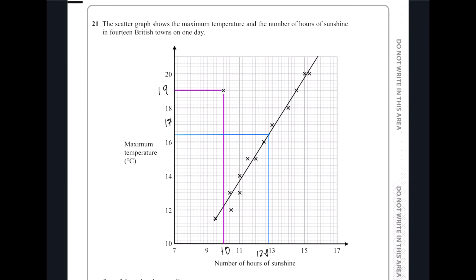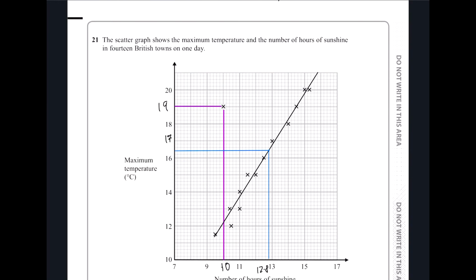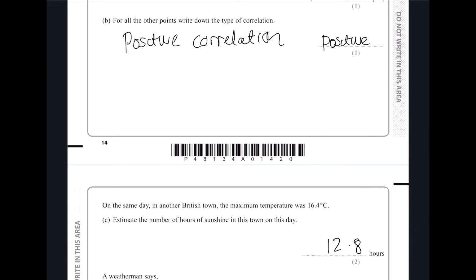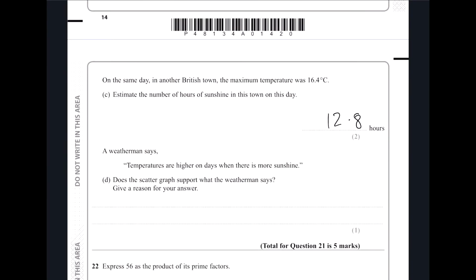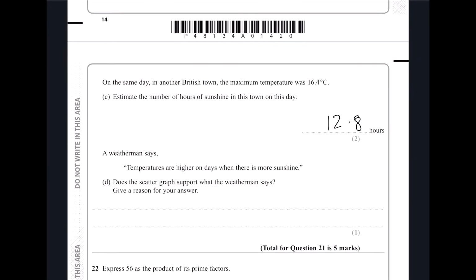Now the weatherman says temperatures are higher on days where there is more sunshine. Well, let's see. As we see, the more sunshine there is, the higher the temperature, right, for our data. So what we can say is the answer is yes.